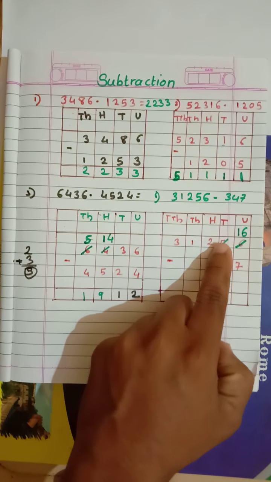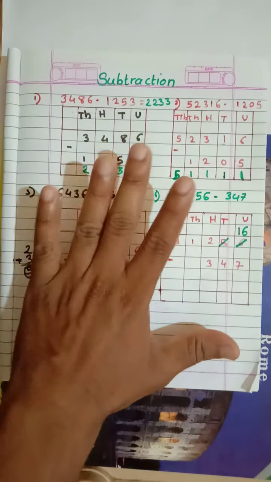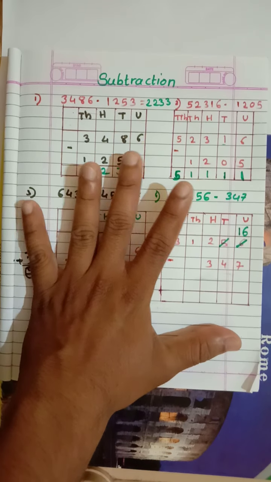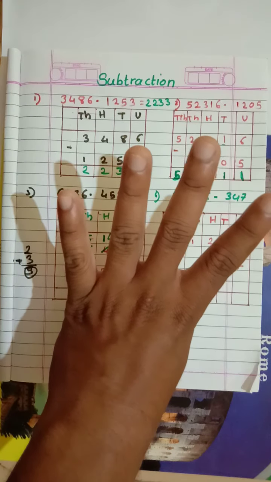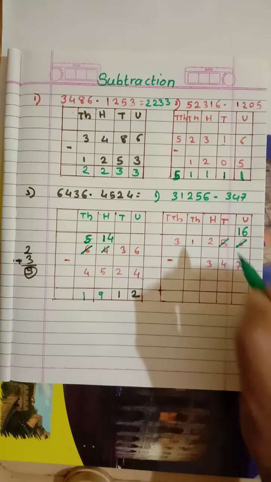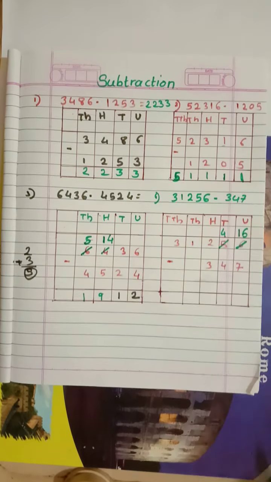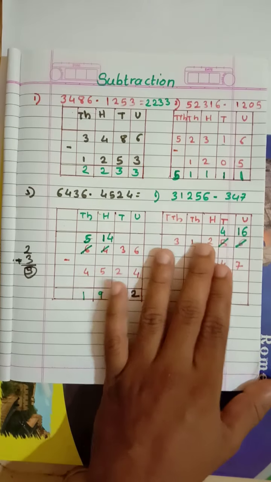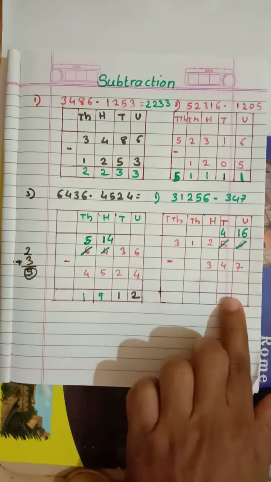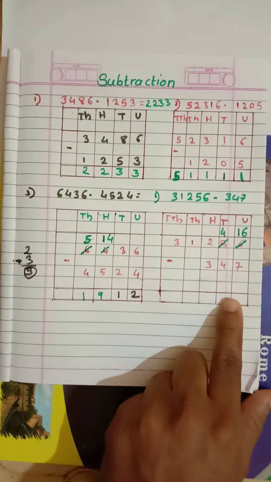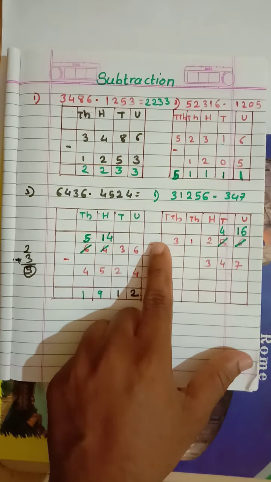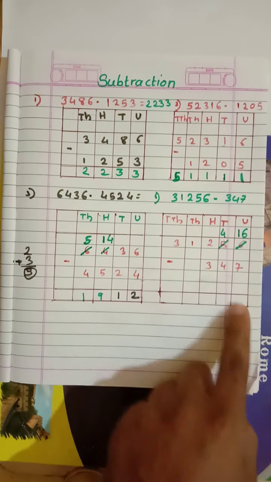Since this place has given 1, given means what? If I have 5 things and I give 1 thing, I will make it 1 less. So how much is left here? 4. No need to touch the next place until you carry out the subtraction of these two places. First you must carry out this process.